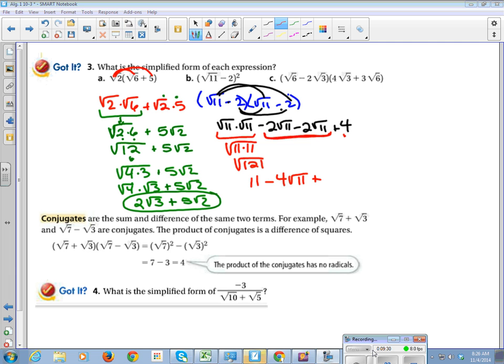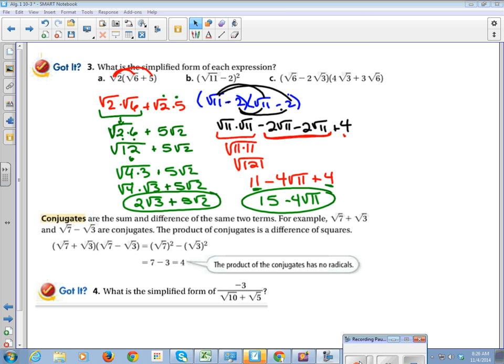And I got plus 4 hanging out here. We are going to combine 11 plus 4, which is 15, minus 4 root 11. 15 doesn't have a root, so it can't combine with minus 4 root 11, and we are all the way simplified.